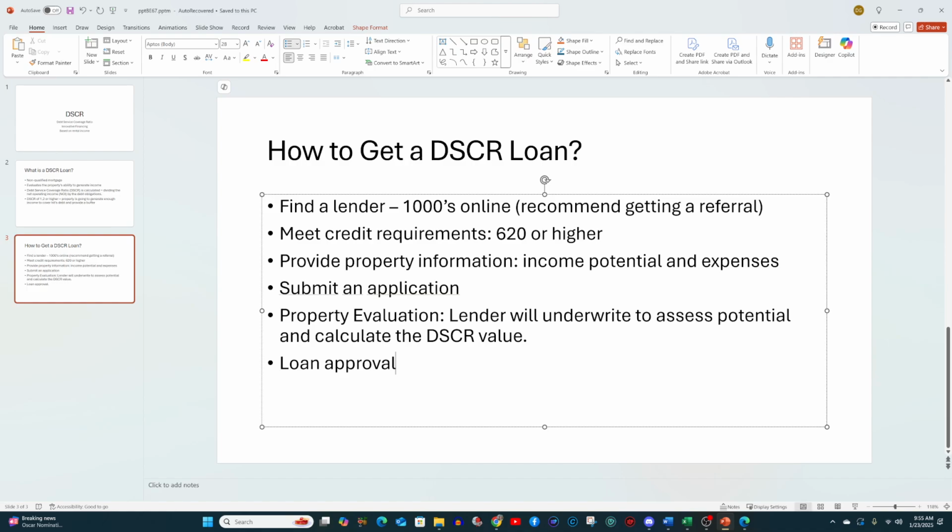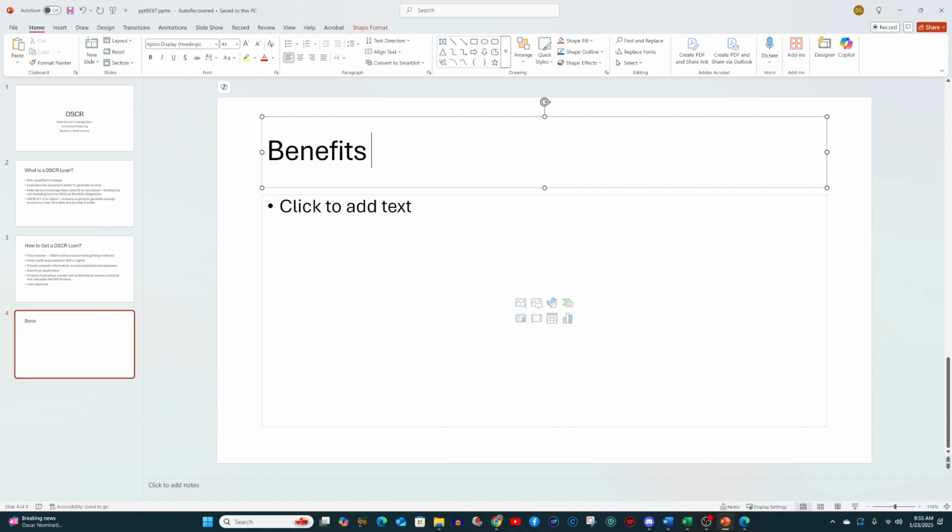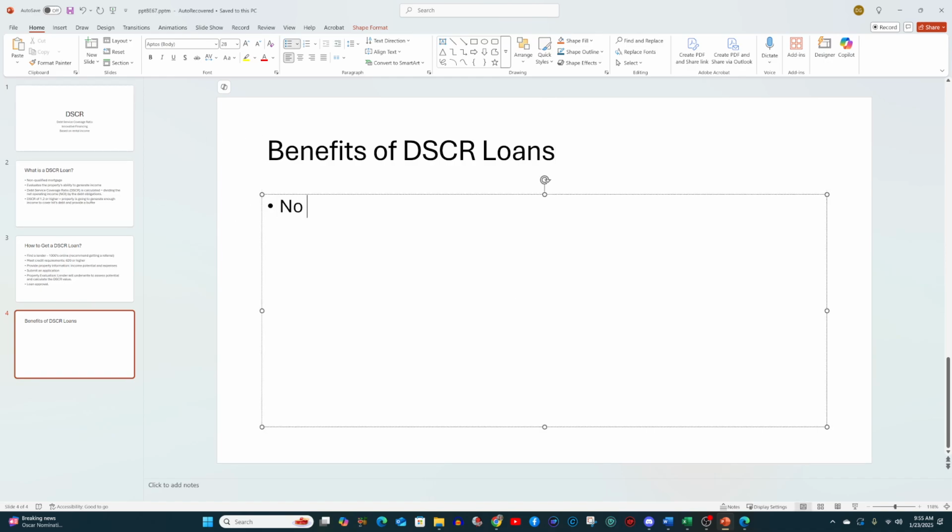And then there's going to be the loan approval. So if it meets all the requirements, and it's typically 1.2 or higher, then you may be approved for the loan. So now the benefits of DSCR loans. There's no income verification, and a faster approval process. These lenders are very good at getting these DSCR loans processed quickly and with a quick turnaround.